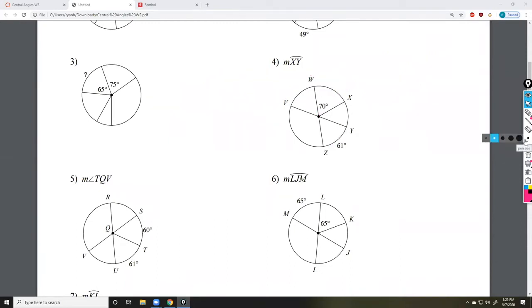So I've traced out the diameter, but I'm going to trace it out again just so that you can see it again. So on number 4, your diameter that's halfway around, there are two different diameters in this one, but the one that's going to help us the most is this diameter, W to Z, because that's going to help us get X to Y. X to Y is saying this is our starting point, this is our ending point.